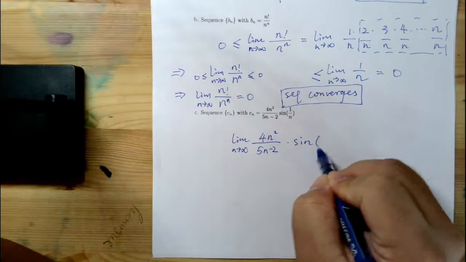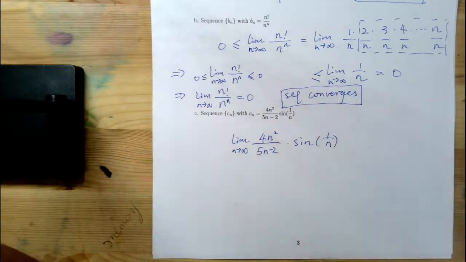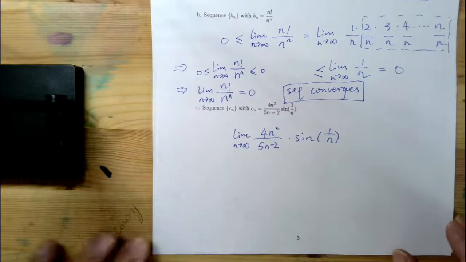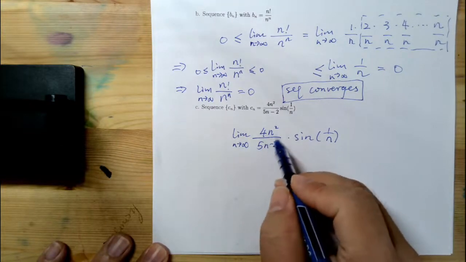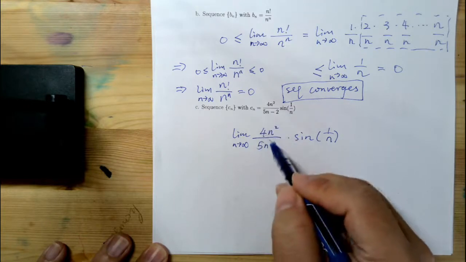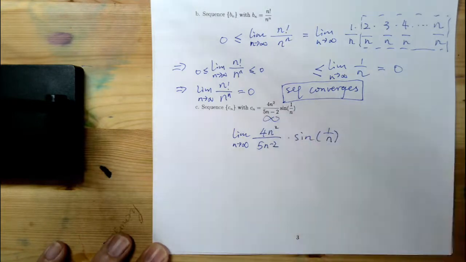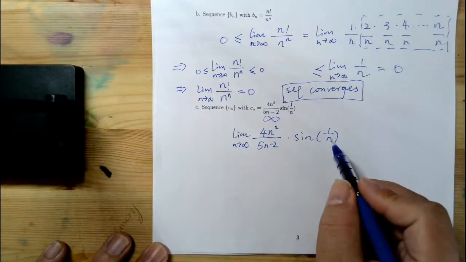As n goes to infinity, the first part gives you infinity, because on top it's n squared. And as n goes to infinity, 1 over n goes to 0, so sine of 0 is 0. So this is an infinity times 0 form.